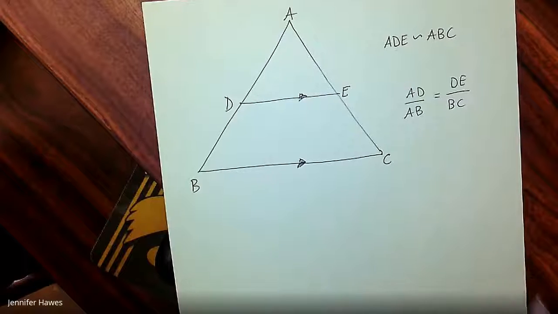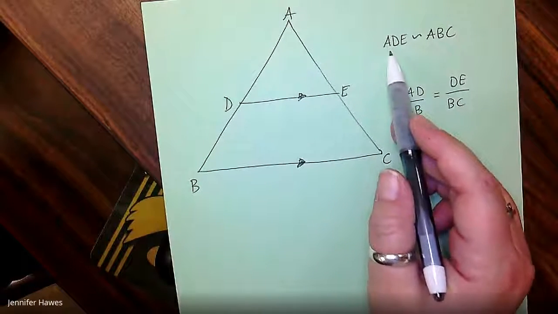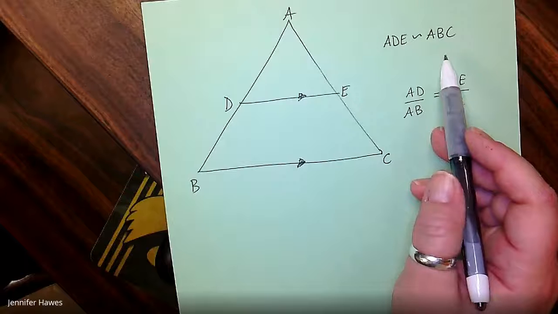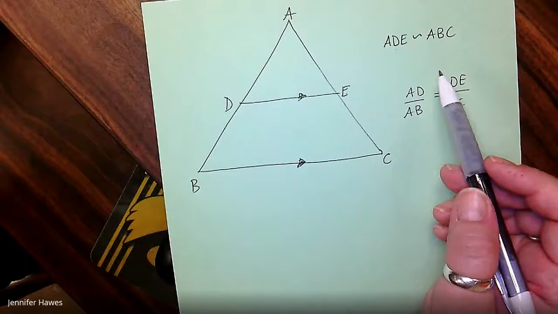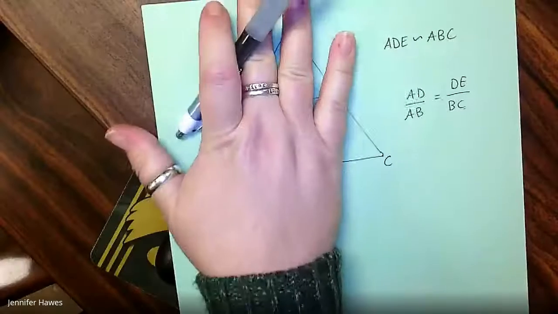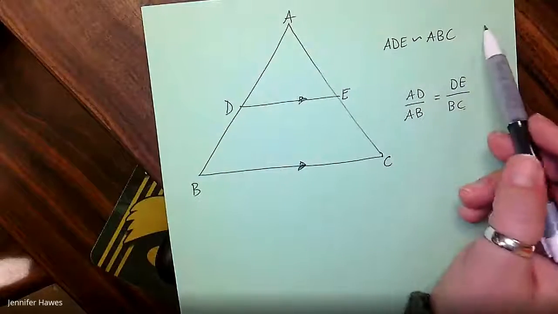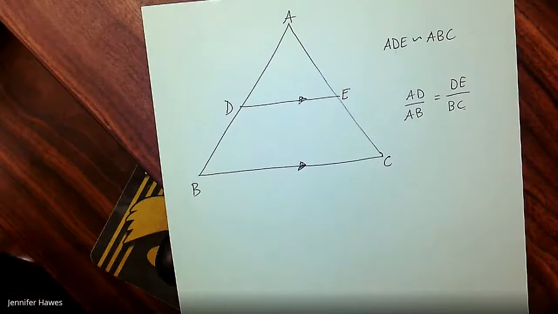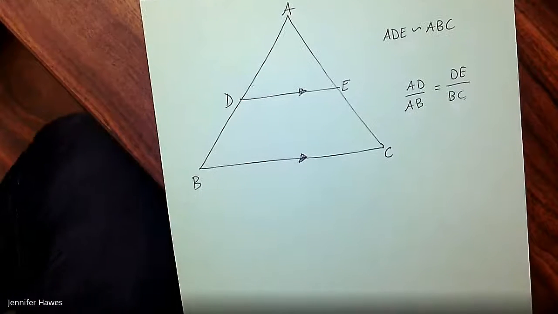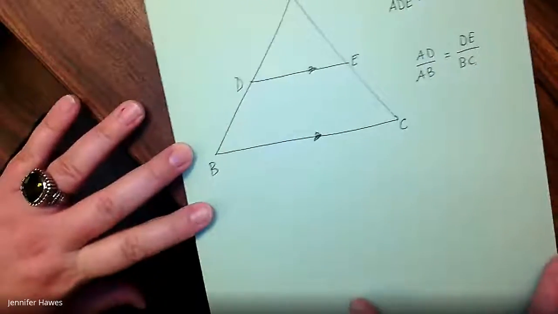If I just take a side from the little triangle and put it over the corresponding side from the big triangle, this tells you a lot. It tells you what proportions you can set up if you write it correctly. But then I said there were others. If these lines are parallel, this is what can happen.